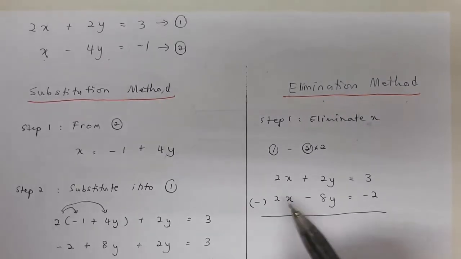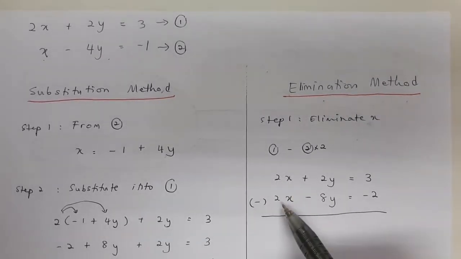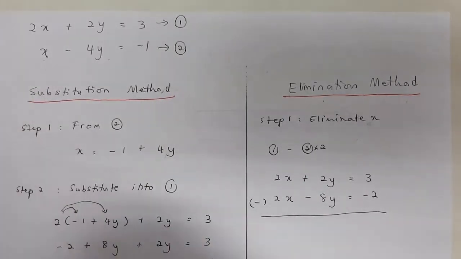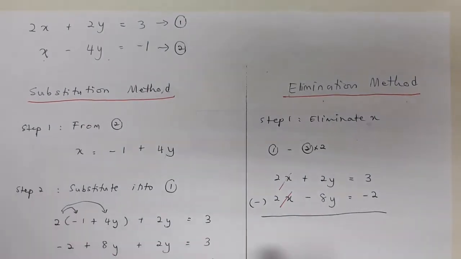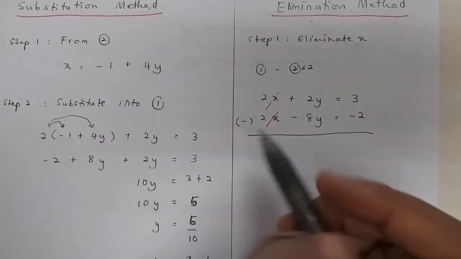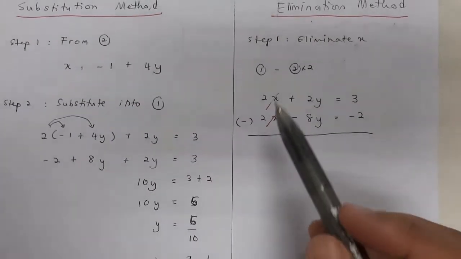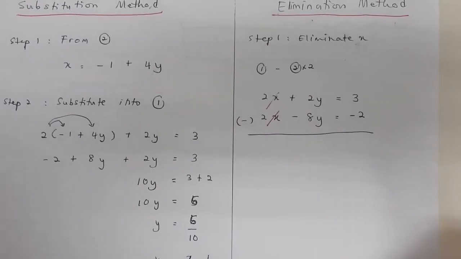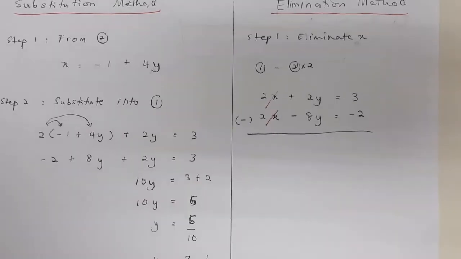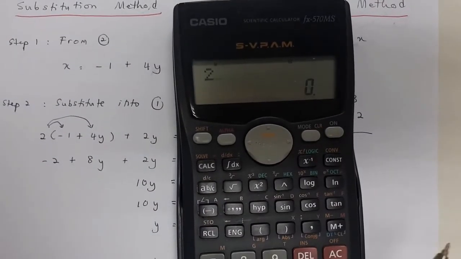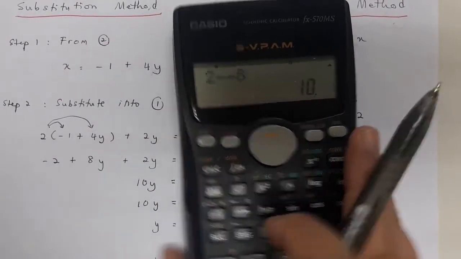Okay, sekarang x dah ada koefisien yang sama. 2x minus 2x is 0. Since x has the same coefficient, now we can eliminate x. And then 2y minus negative 8y. 2 minus negative 8 equal 10.